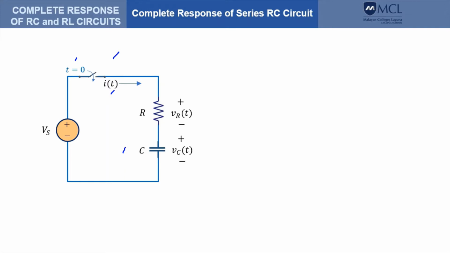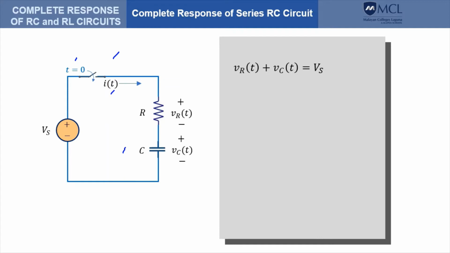So here we perform a KVL around the loop. So this is our KVL equation. The sum of the voltages is equal to 0. By Ohm's law, we can express the voltage across the resistance as IR.